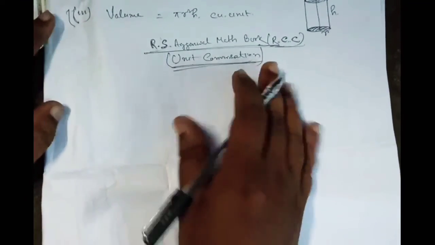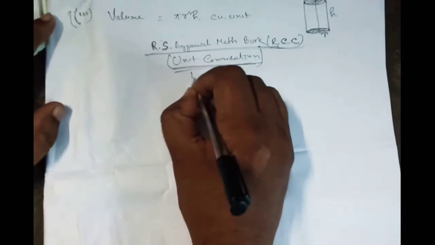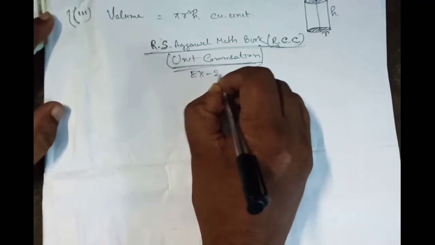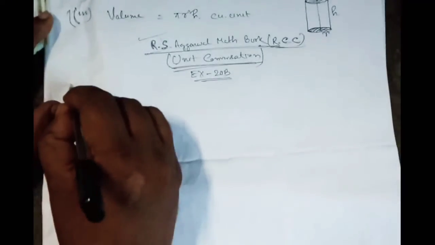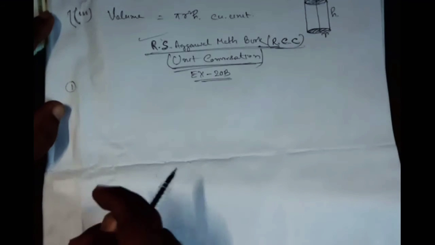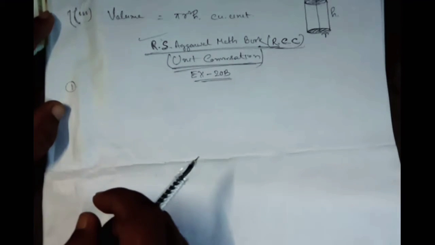Now I am starting Exercise 20B of the RS Agarwal mathematics book. So here in question number 1, find the volume, curved surface area, and total surface area of each of the cylinders whose dimensions are given.